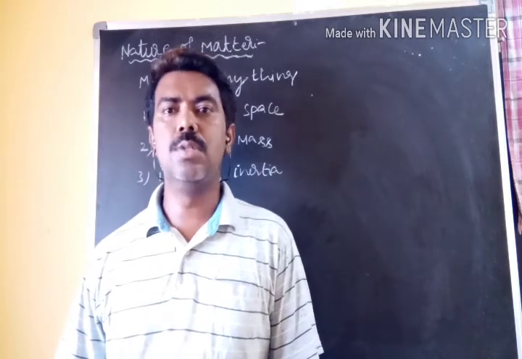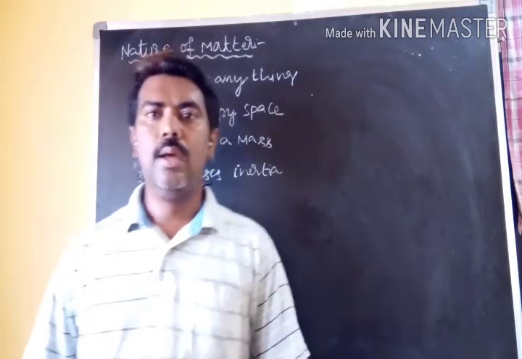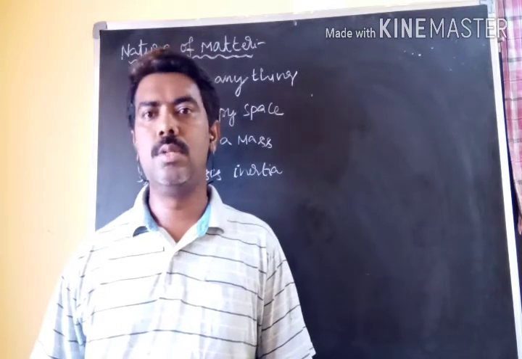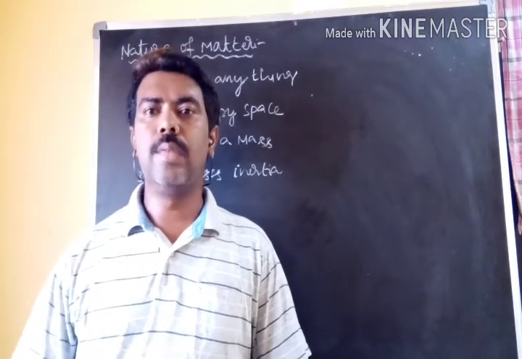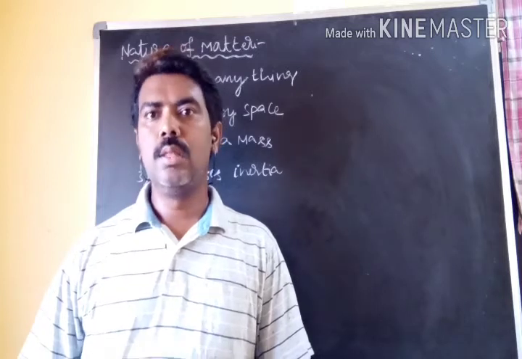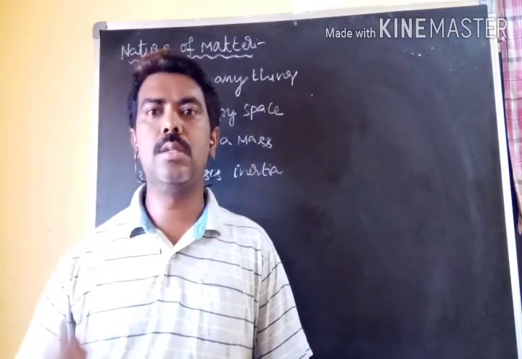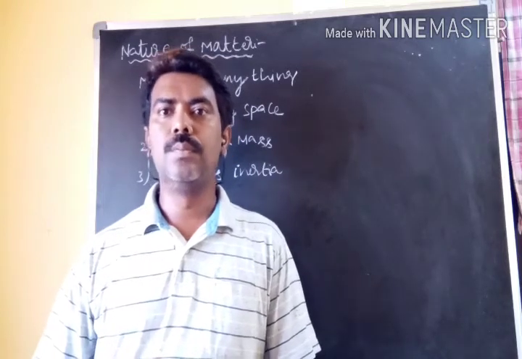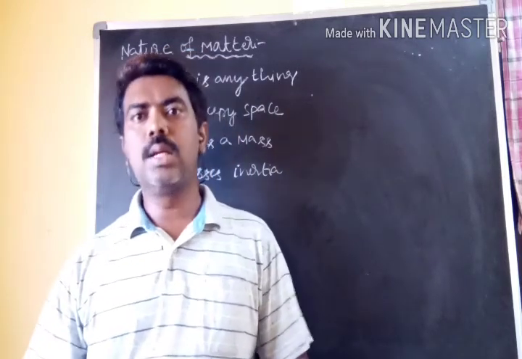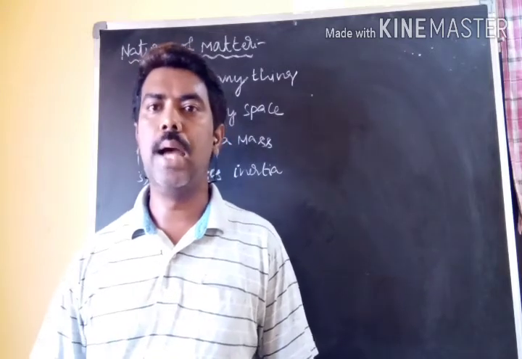What are the different examples of energy sources? Electric current, sound, sunlight. These are the different forms of energy sources. Energy sources do not come under the examples of matter.